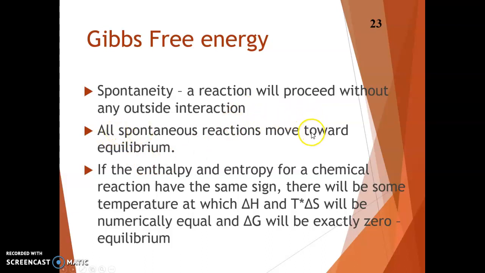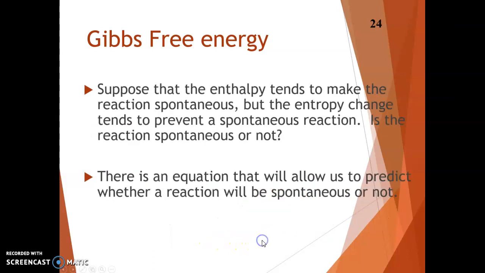Reactions are going to move toward equilibrium, and we'll go through and show this Gibbs free energy calculation where we can point out that that would be the point at which delta H and the temperature times the delta S are equal to each other in magnitude or size, and that would be the point where delta G would be exactly 0 and everything would be in equilibrium.